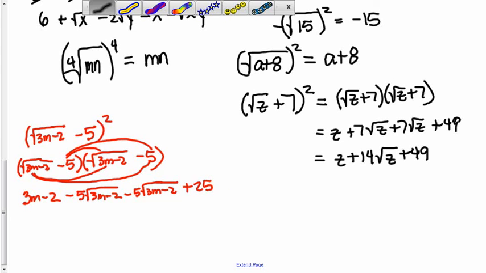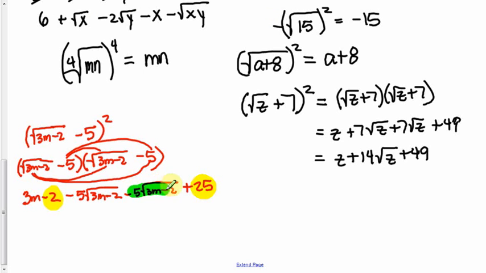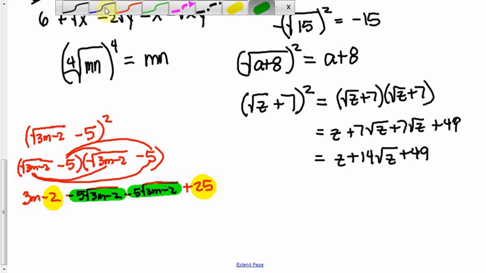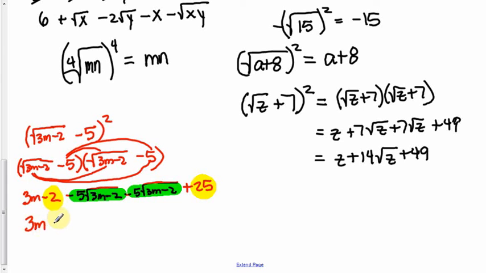The only like terms I see are here and here, and this one and this one. So I'll bring the 3m down because there is no like term.